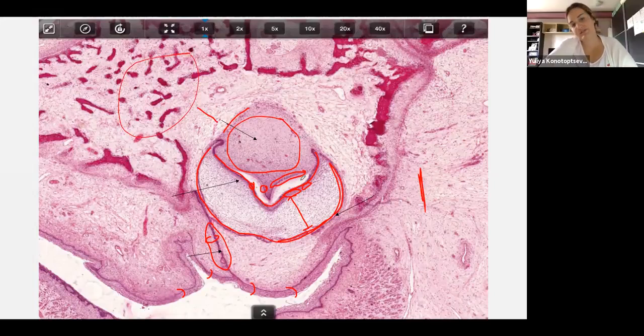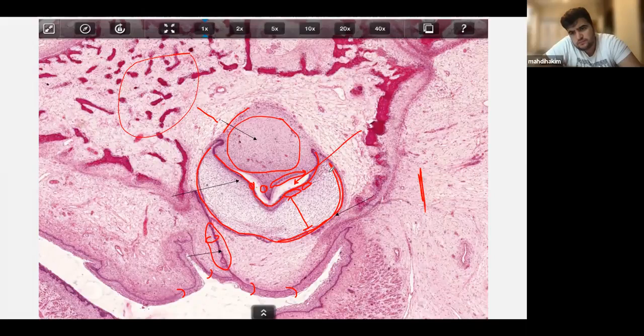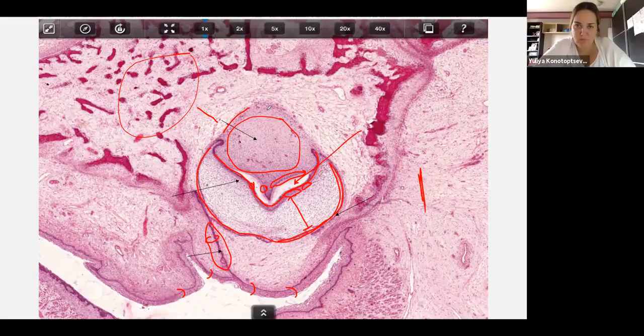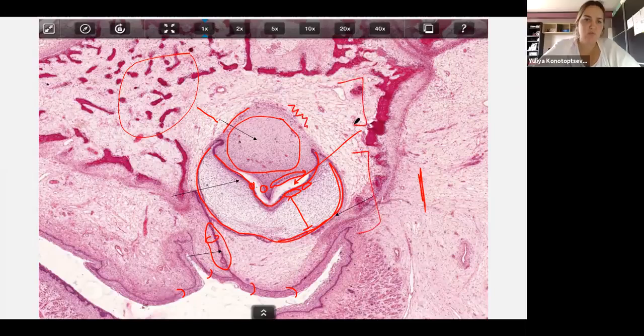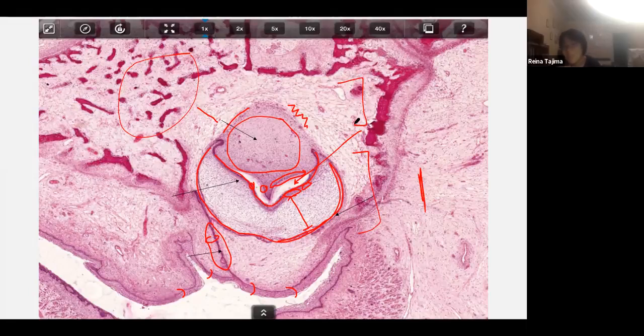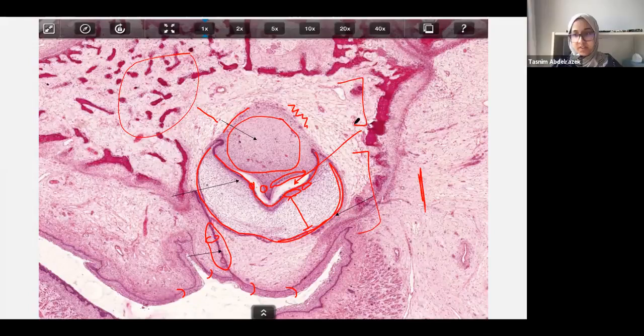Do you see that there is a space between odontoblast and ameloblast? So if I point here specifically, what is this? Cementum? Nope. If it was cementum, it would have been somewhere here, because this is crown and this is root, right? Pulp? No. Is it predentine?